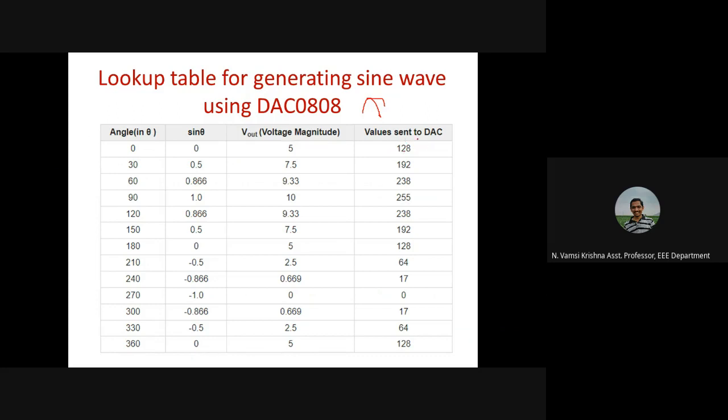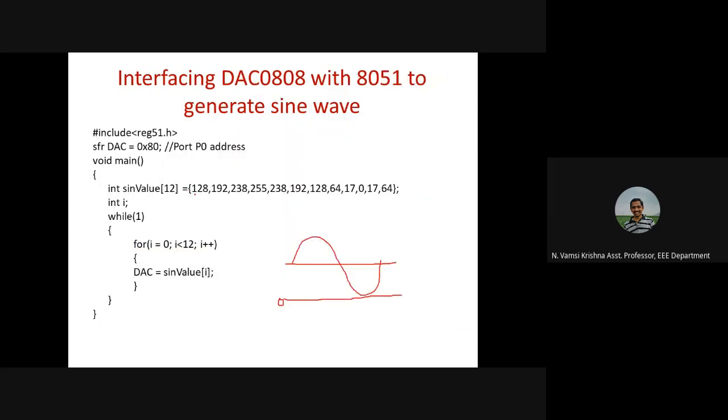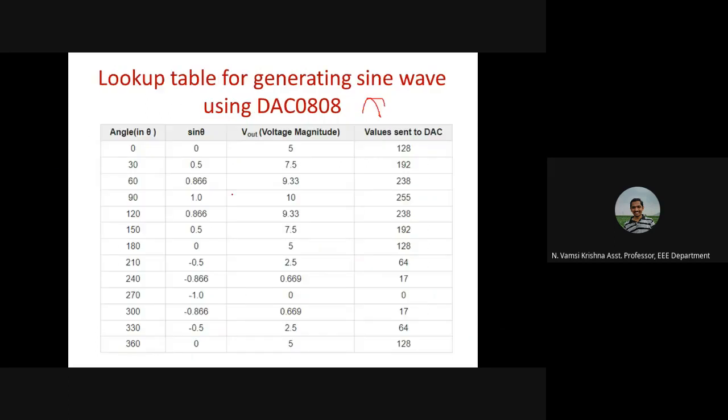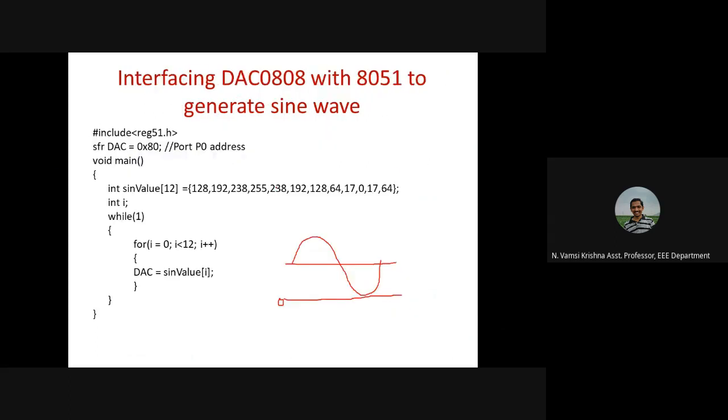While writing the code, you will place all the values. Sine 0 is 128, for sine 30 degrees it is 192. So sine 0, sine 30, sine 60, sine 90, like that.